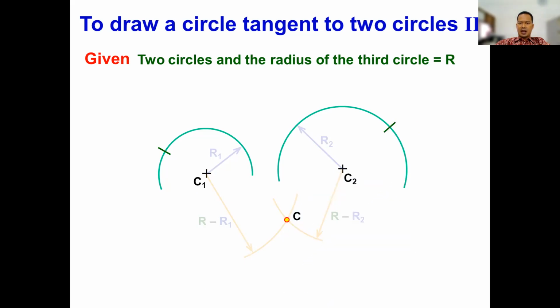From the intersection line points, we continue to create arcs like this.